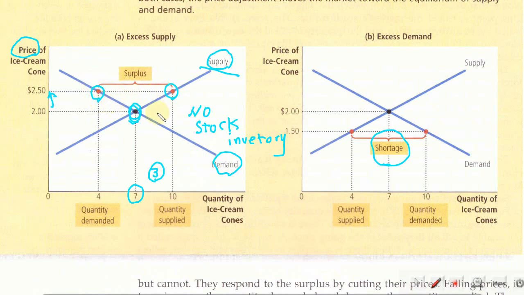I expressed that one, right? If this guy has $14, he can buy 7 ice creams. Once the price is $2, this guy can purchase 7.